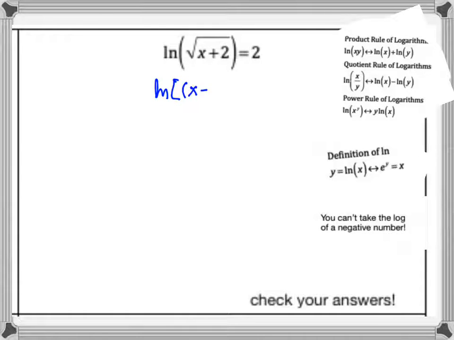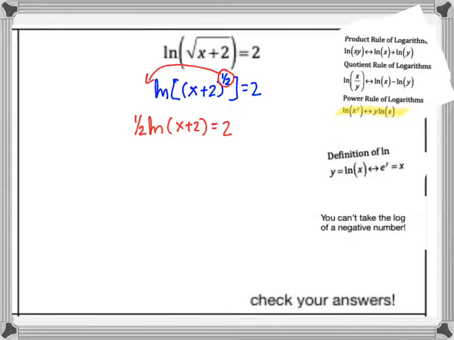So I'm going to do that and see if I can get this 1/2 power out in front using the power rule. This 1/2 power is going to come out in front, and we rewrite this as the natural log, with that 1/2 in front of x plus 2 equals 2.